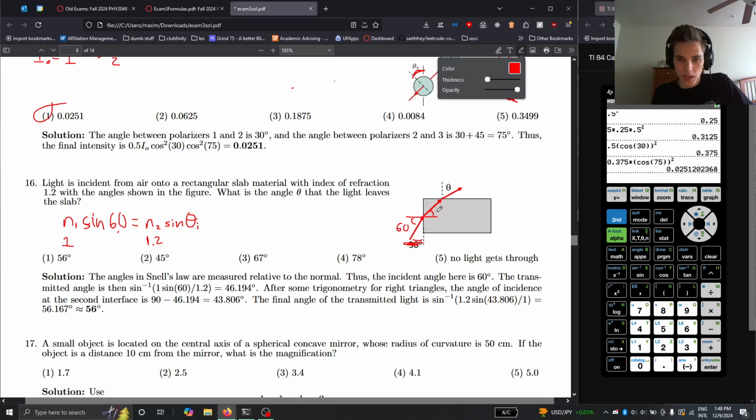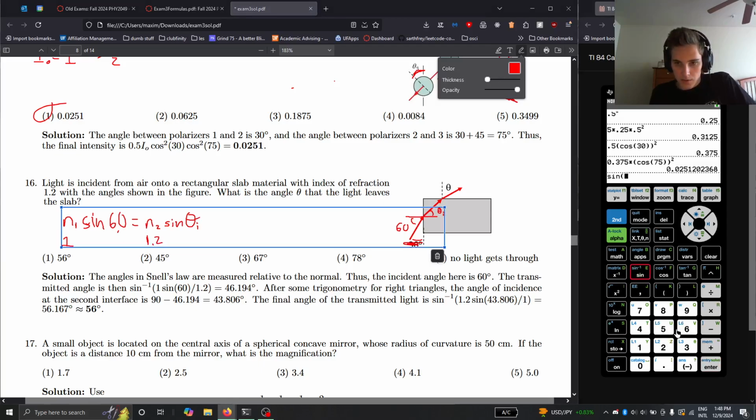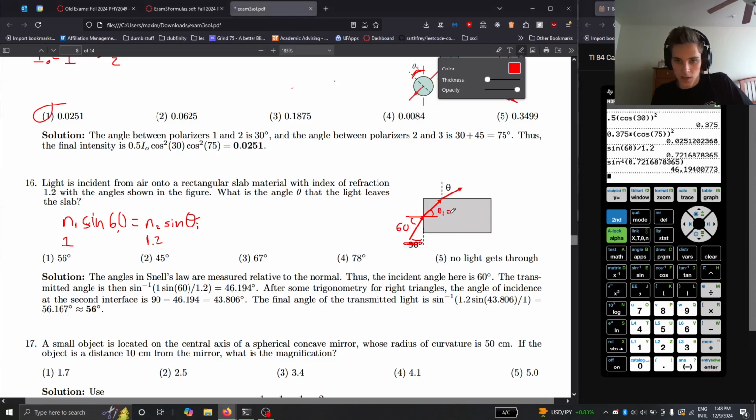We're calculating for this angle here, angle internal. We're not quite there yet. If we calculate that, it's just going to be sine of 60 divided by 1.2, which gives us this here. Then we can inverse sine that to get our angle in here, which is 46 degrees.